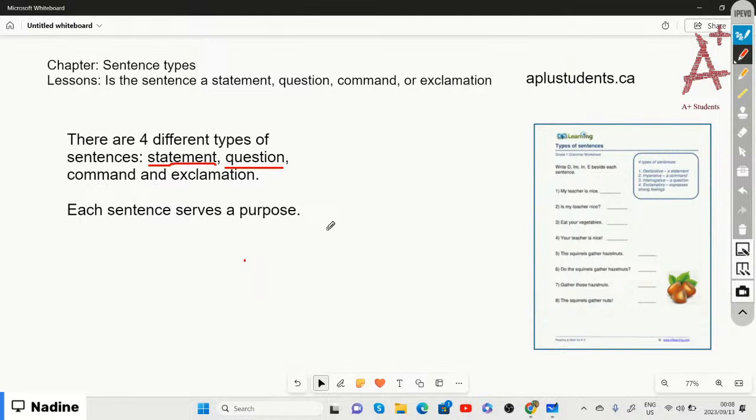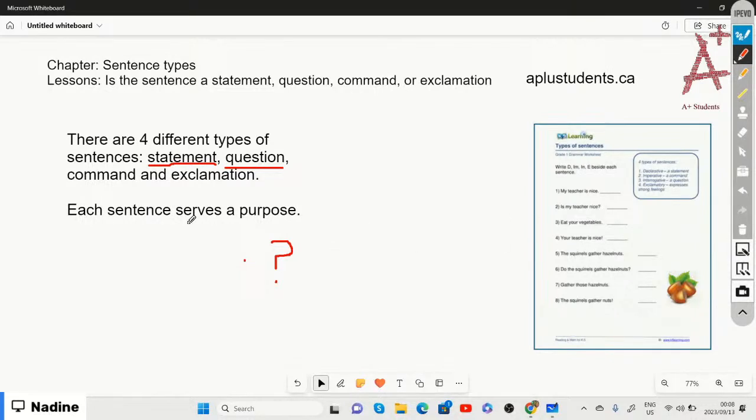Do you have homework? Yes, I have homework, or no, I don't. How old are you? I am 7 years old. That is a question, and it ends with a question mark.